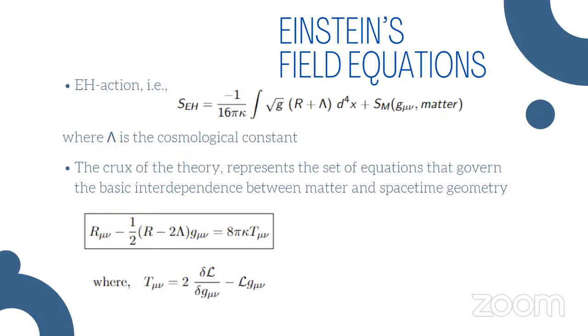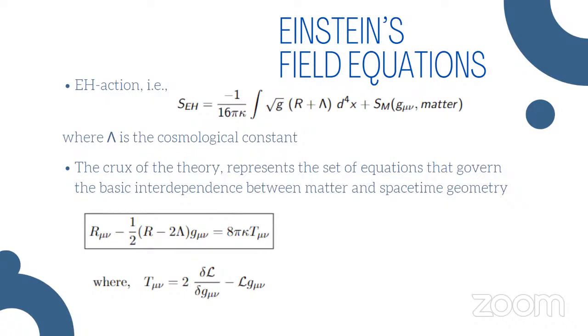These contain many equations in one short equation because the tensors actually are dependent upon the indices, and the indices here represent many equations. So the R mu nu, as we know, is the Ricci tensor, and R is the Ricci scalar, and lambda here is the cosmological constant, which was introduced to describe an evolving universe that is expanding.